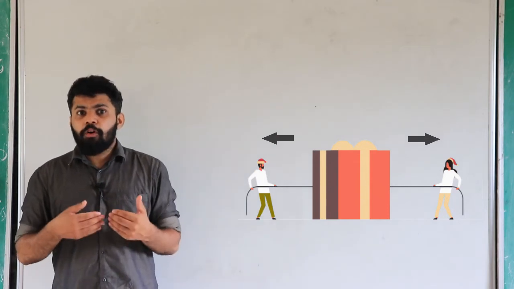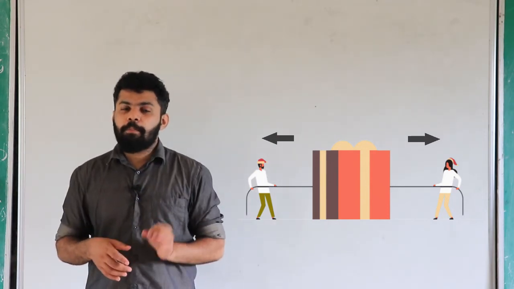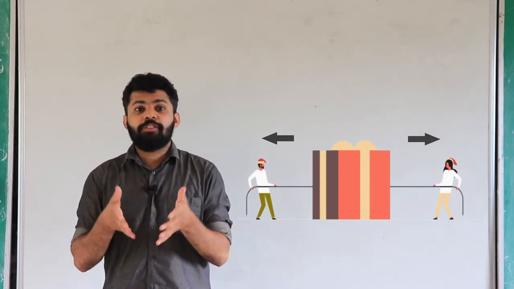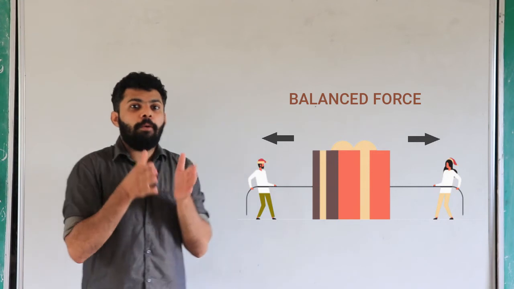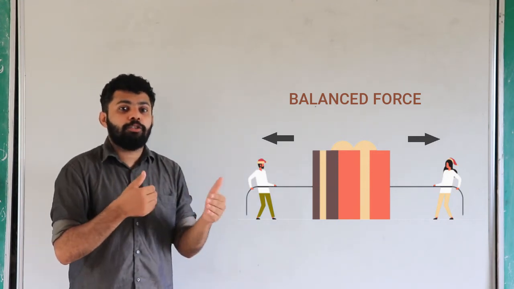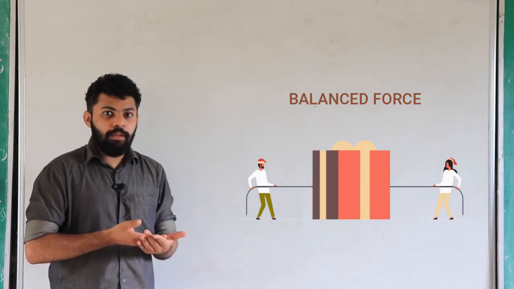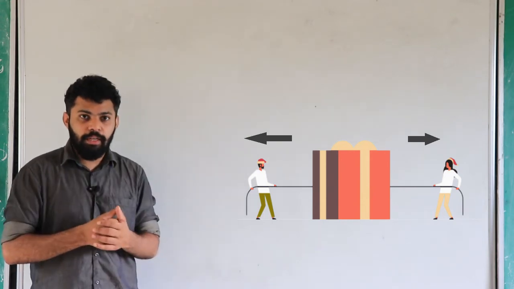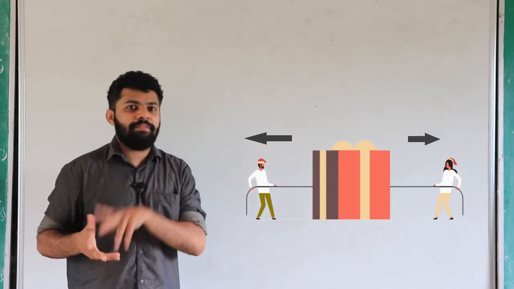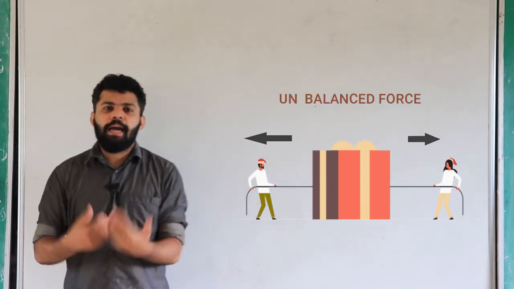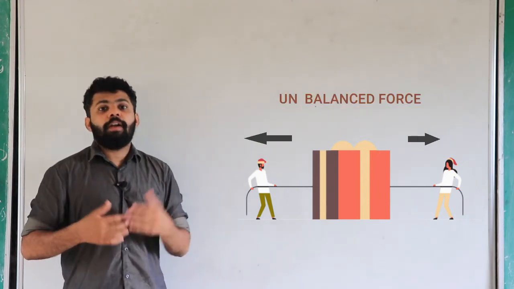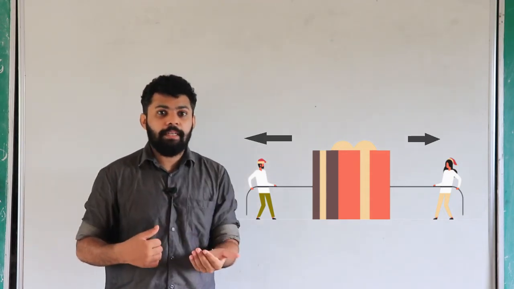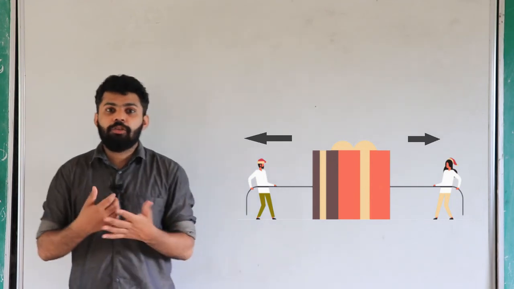If the 2 forces are equal, then the box will not move. That kind of force is called balanced force. If the box is pushed by the 2 persons with different forces, and one force is greater than the other, then the box will move. That kind of force is called unbalanced force. So for a moving object, or for motion to happen, there should be an unbalanced force.